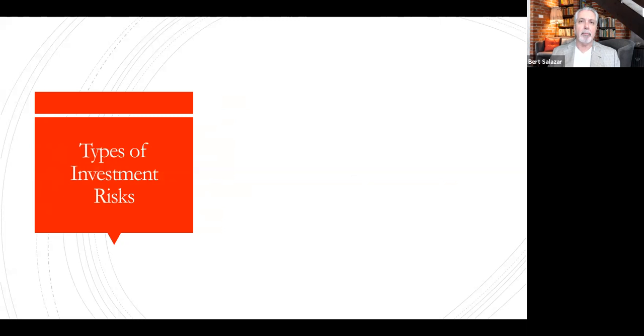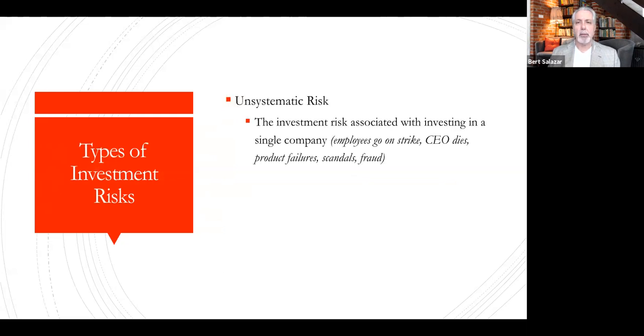Now, before I go any further, I think it's very important that I share with you the different types of investment risks. But there are two in particular that I want to share with you. The first one is what we call the unsystematic risk, and that is the risk associated with investing in a single company or in a single stock.